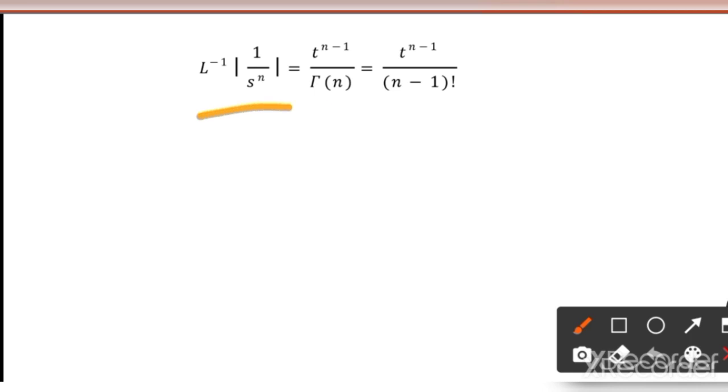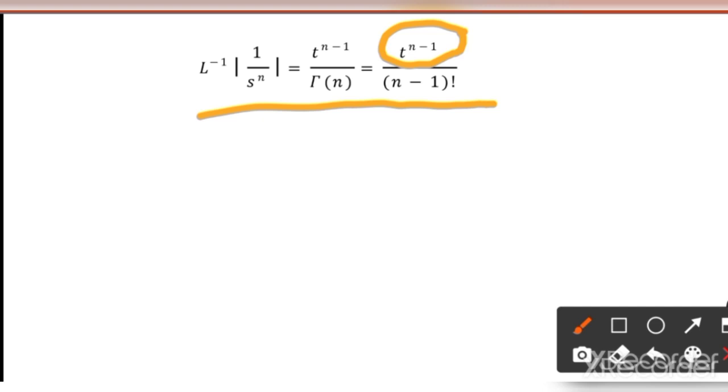but if you want, you can have a look at how we came to this result. We have seen that the Laplace transform of t power n is gamma of n plus 1 by s power n plus 1.